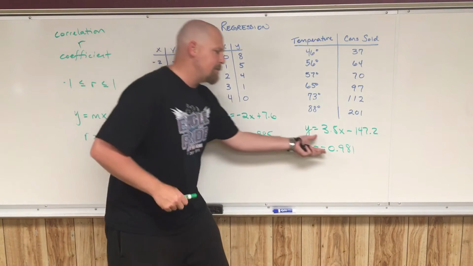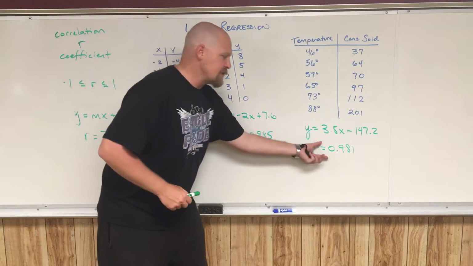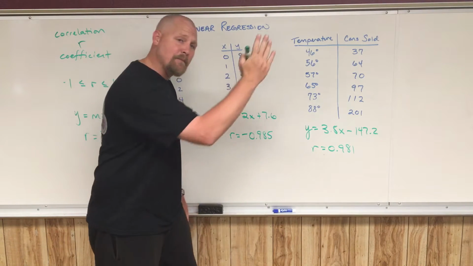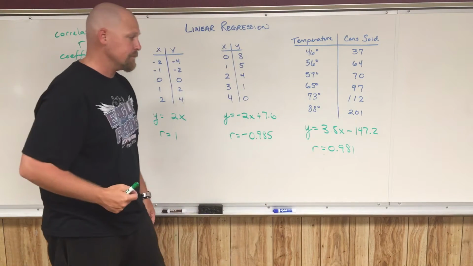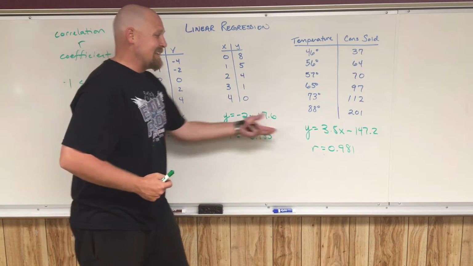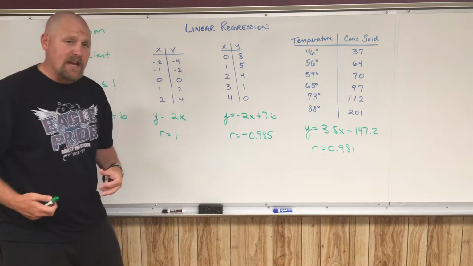So this tells you it's a very, very strong correlation. It tells you it's positive, so it's going up. When the temperature goes up, the number of cans goes up. This is calculating linear regression with given data sets.